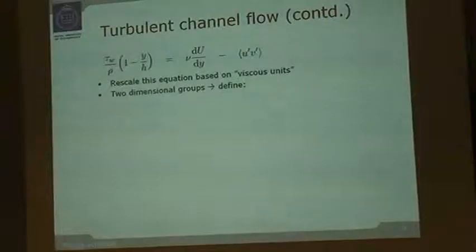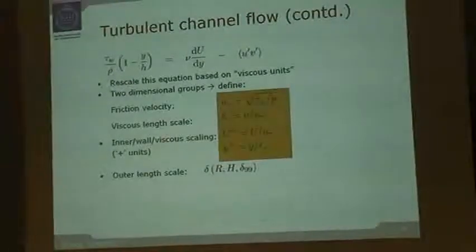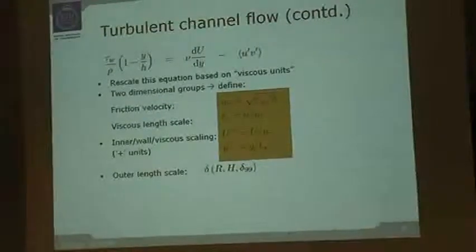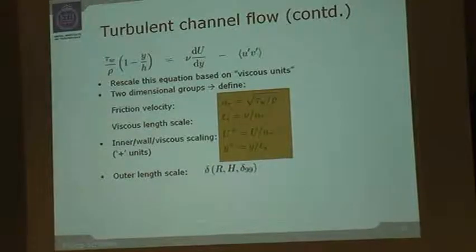When we look at the dimensions of all the terms that appear here, we see that we have essentially two dimensional groups, velocity and length. Based on that, we can define a velocity scale based on the wall friction tau, and similarly a length scale based on the wall friction. The velocity scale is called the friction velocity, usually written u tau, and the length scale is usually written as L star, which is the viscous length scale.